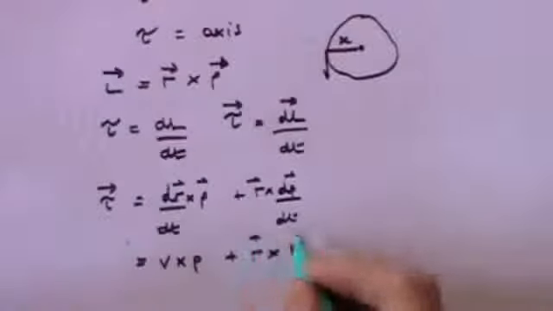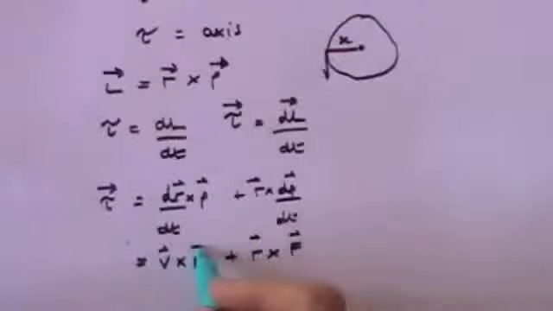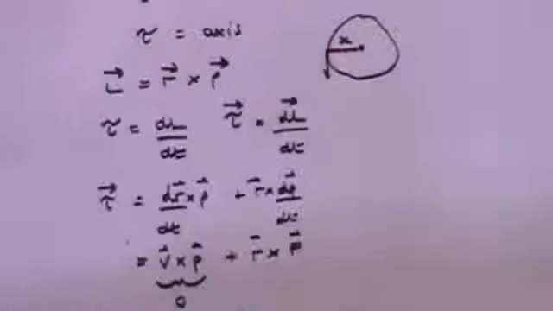Force. So you get a velocity vector cross the momentum vector plus R cross F. But this is going to be 0. Why? Because momentum is mass times velocity. And so you've got essentially a velocity cross velocity product.